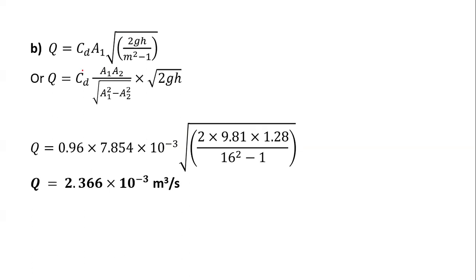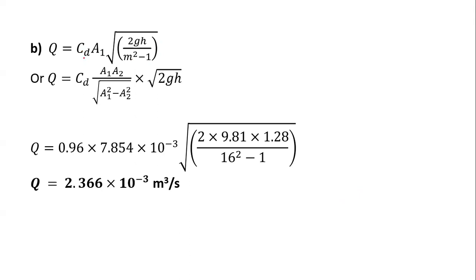If you look at the way we arranged our data, we already made way for us to use this formula. CD, area 1, which is the area at the inlet, then square root of 2gh over m squared minus 1, everything in the brackets. Now, with all that, let's do the substitution.